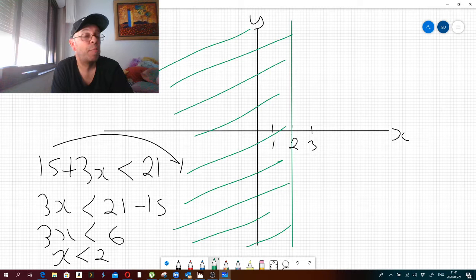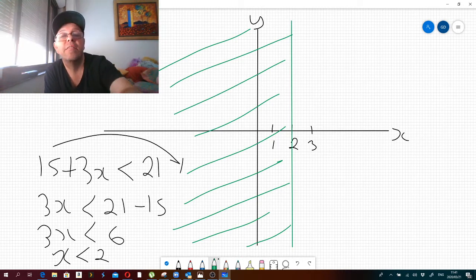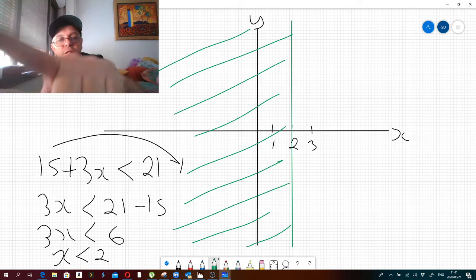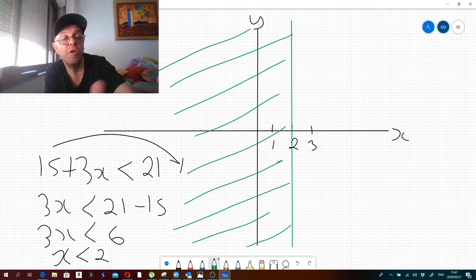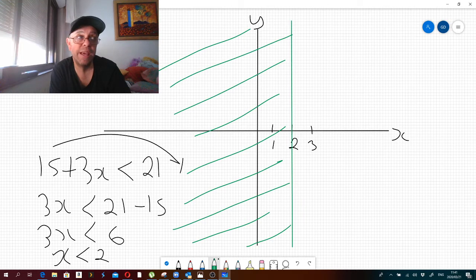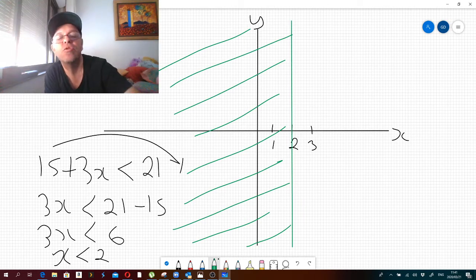Now, strictly speaking, I'm not 100% yet, for the simple reason that this line x equals 2 is a solid line, and that means it includes 2, but my inequality is not x is less than or equal to 2, it's strictly x is less than 2. So the way we illustrate this mathematically is to make the line not a solid line, but a dotted line.